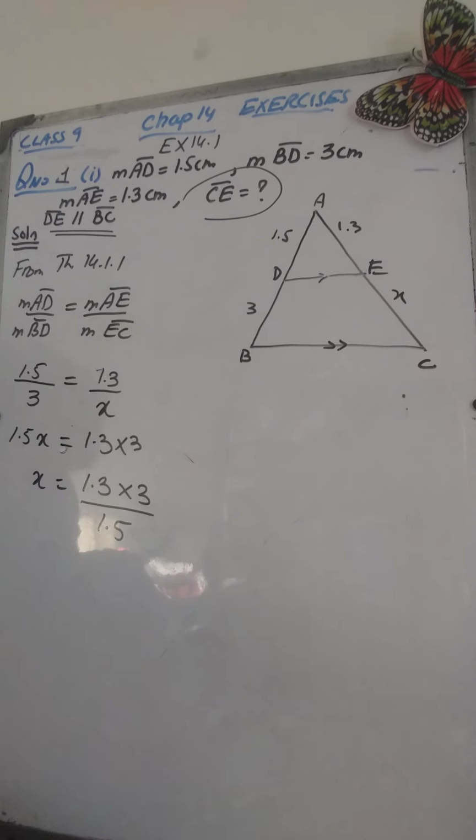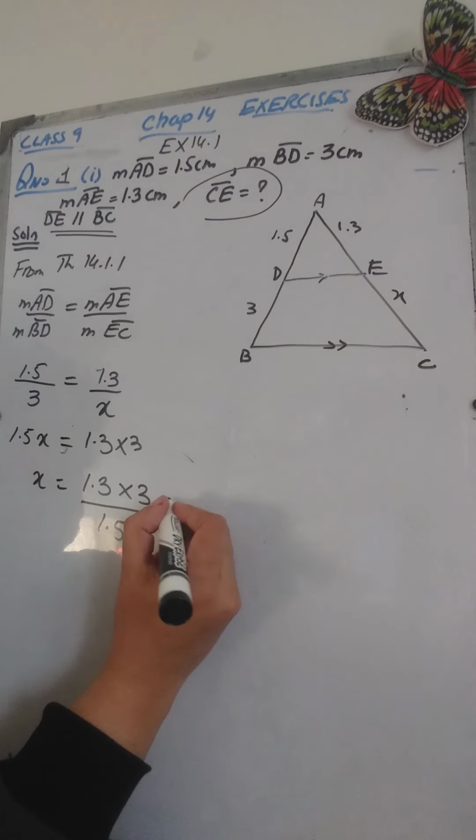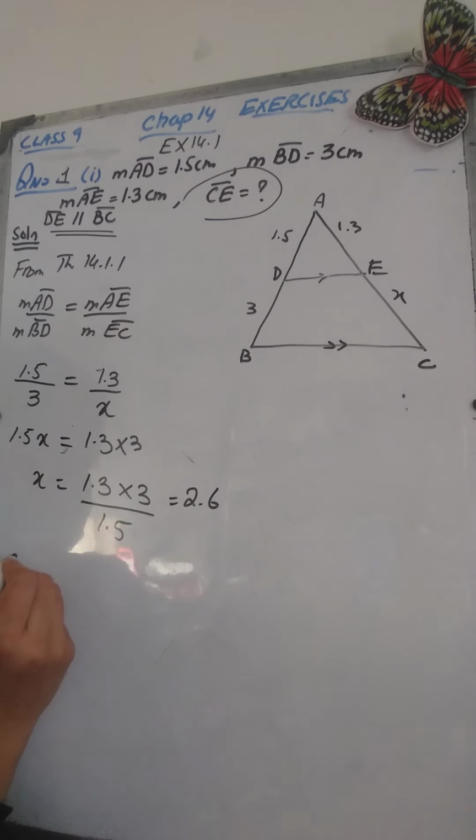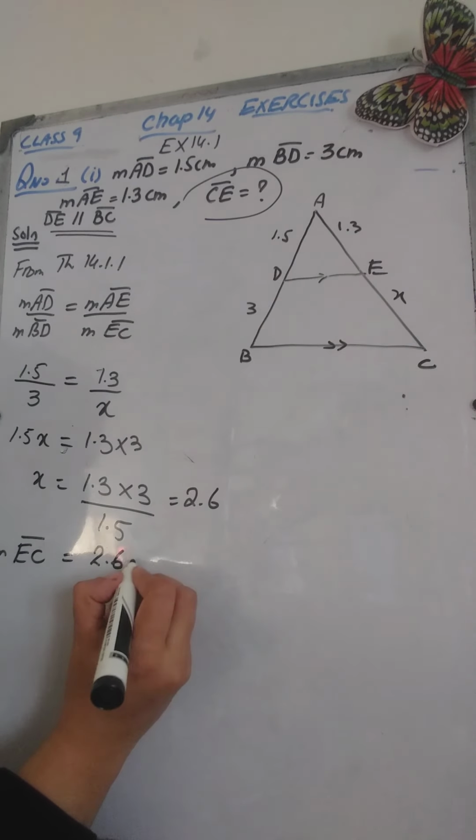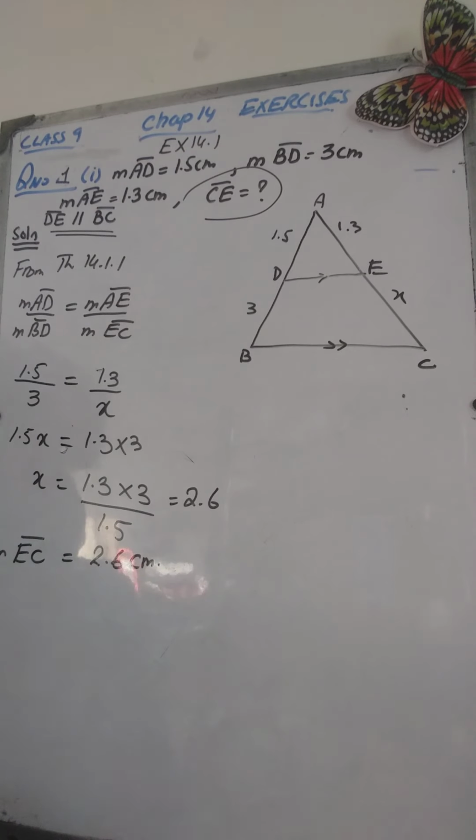Let me multiply 1.3 by 3, it gives us 3.9, and dividing it by 1.5 we will get the answer 2.6. So measurement of EC or CE is equal to 2.6 centimeters. Now this was question number 1. We have done question number 1.